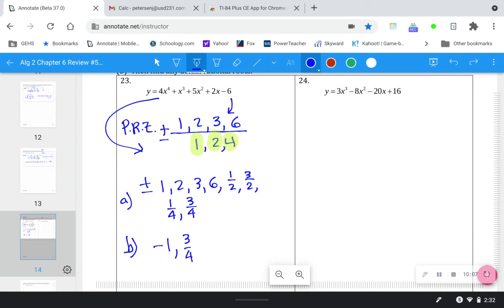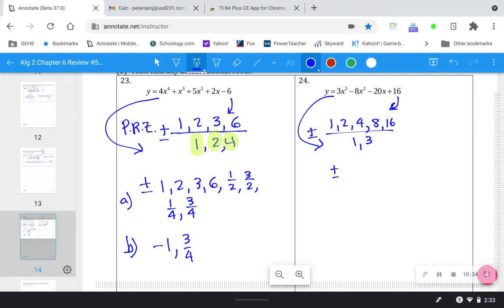Okay, we're going to do one more like this. We're going to do the factors of 16 first on top. 1, 2, 4, 8, and 16. And then they're positive and negative versions. And then the factors of 3 are 1 and 3. Okay, so if you take this denominator here, you get your numbers back.